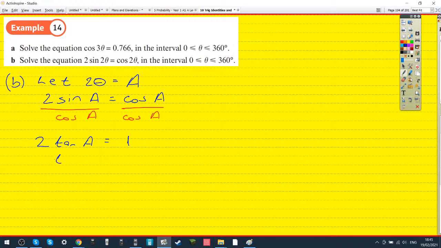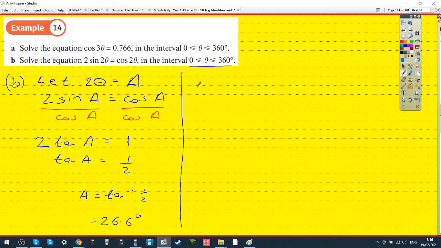Yep. And then inverse of a half. Inverse of tan. Yep. 26.6 degrees. And that's then step one.